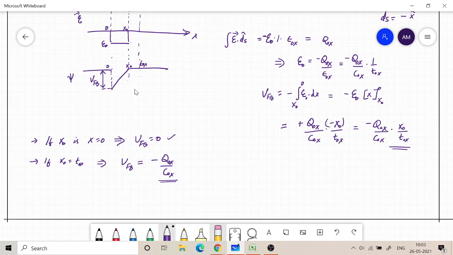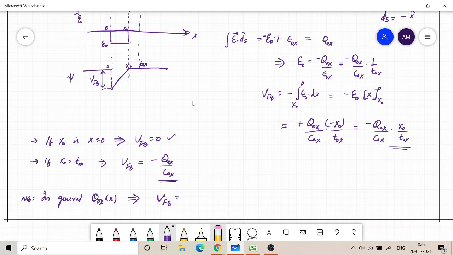So depending upon the location of the charge, it will vary. In general, it is not just at one point that these charges are going to be, and so let me state that in general Qox is actually a function of x. That means it will be present anywhere from 0 to Tox. Okay, and so in that case, what is going to be V flat band? V flat band is going to be given by the integral.